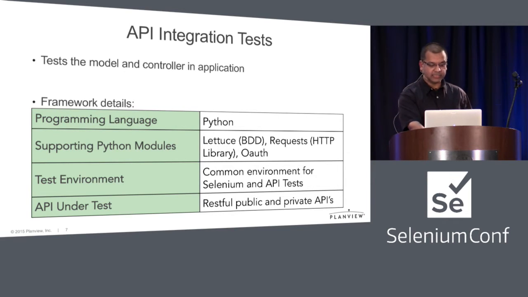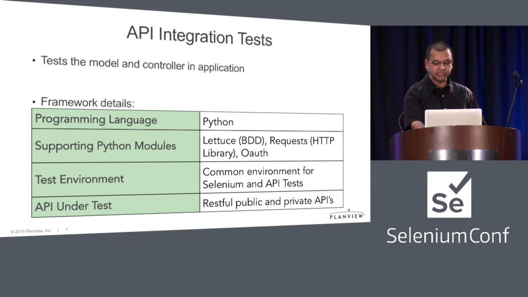Here are a few details about the test framework that we have to support these API integration tests. We are a Python shop, and Python is the language which we have used for API tests. These tests follow the BDD approach, so they are not difficult to follow or understand for other users like product owners or managers.